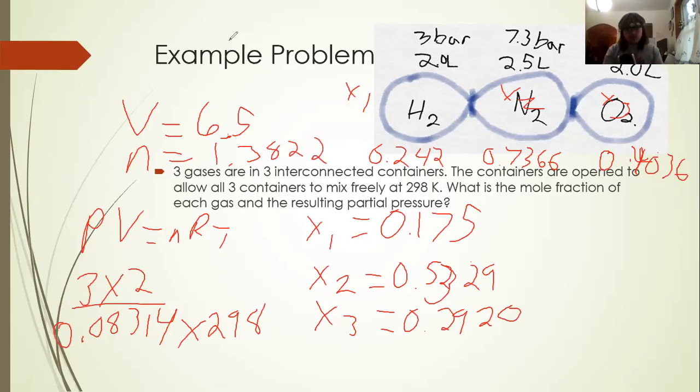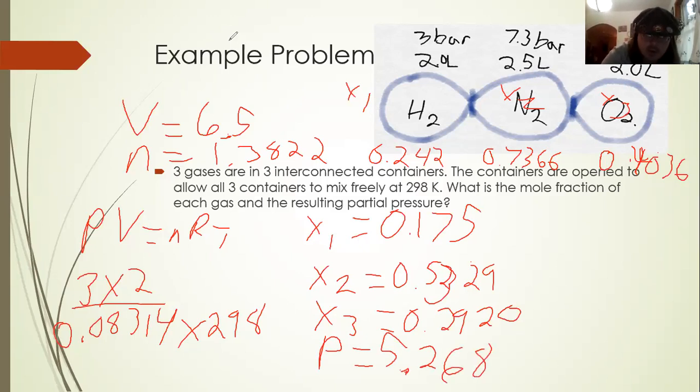So our total pressure would be our 1.3822 times R, 0.08314, times T, 298, divided by 6.5. So our total pressure, P, is 5.268.